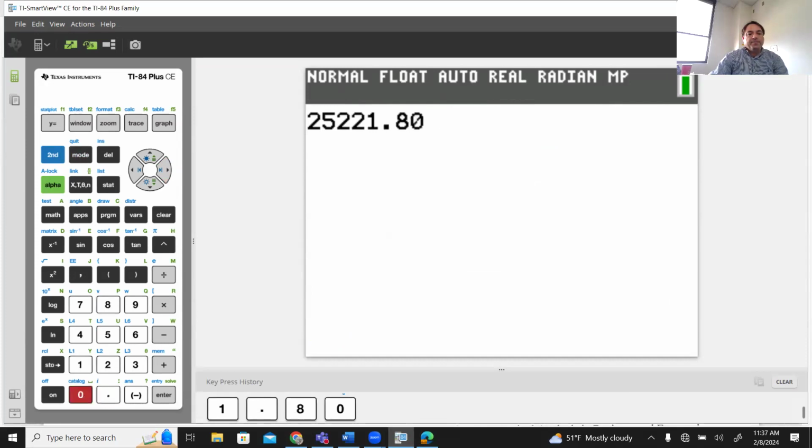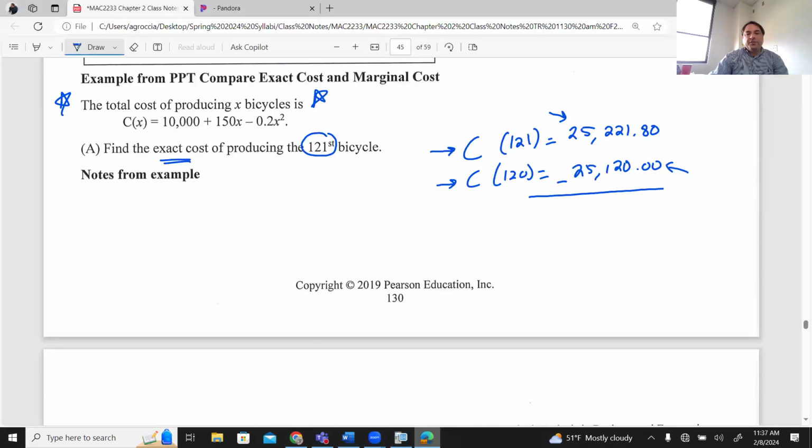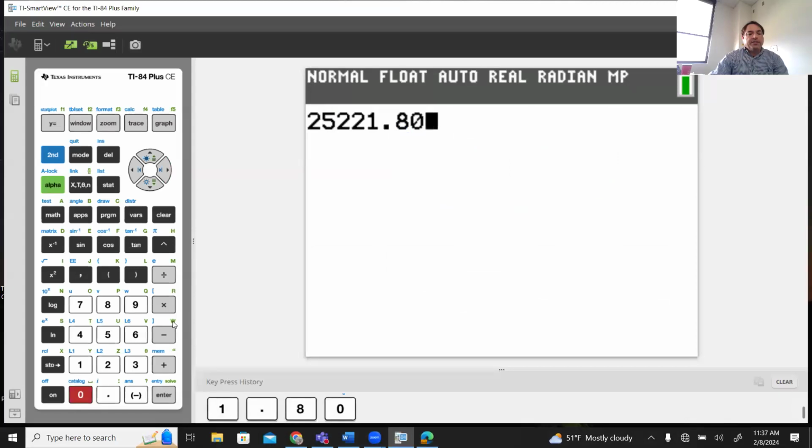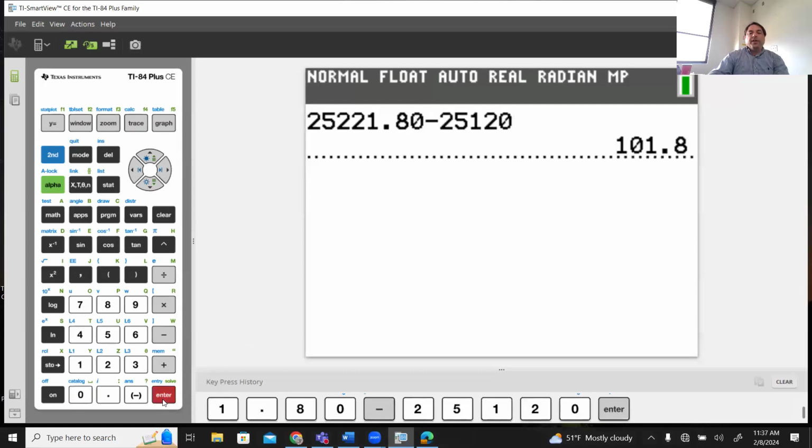So when you do that, I'll actually show the work. $25,221.80 minus 25,120. You are left with just the 121st bike, which is 101.8.